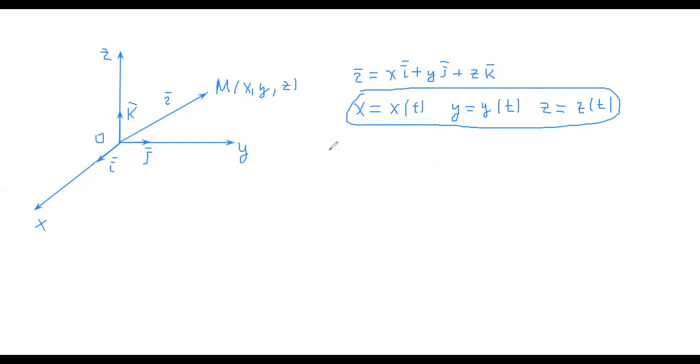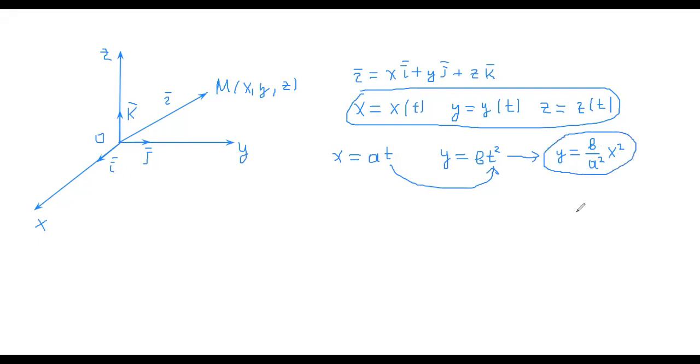For example, if we have x = a t, y = b t squared, we can exclude t from the first equation and make a substitution like this, and we will obtain y = b x squared over a squared. So this is the trajectory equation.